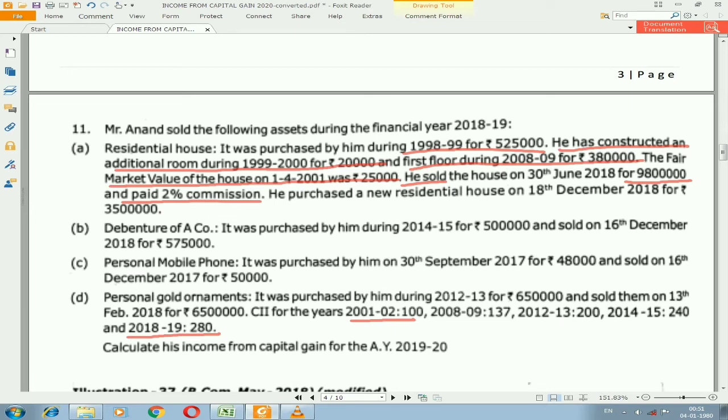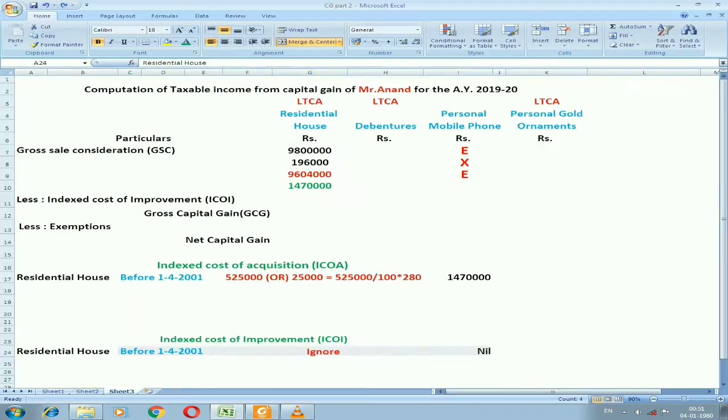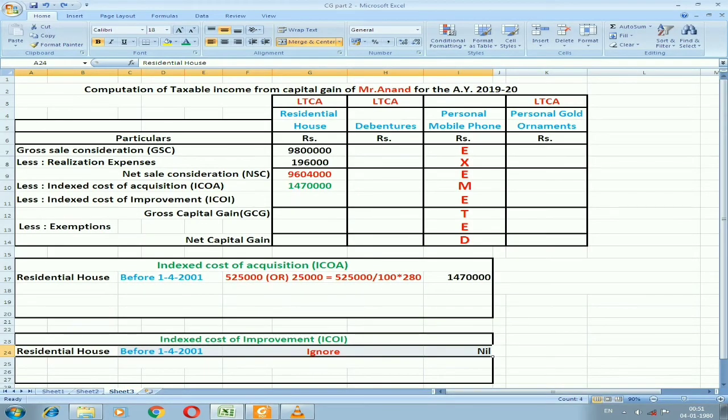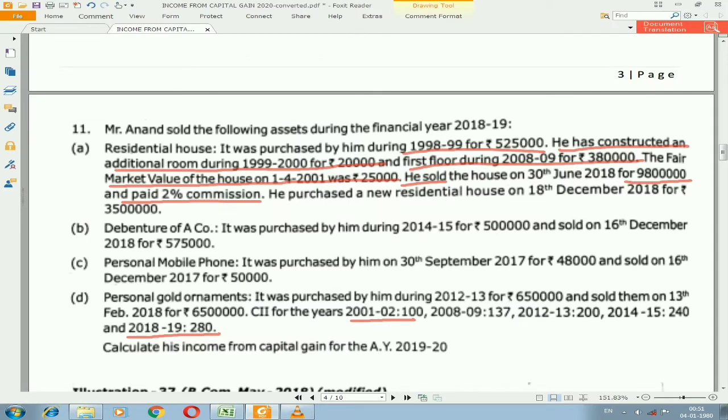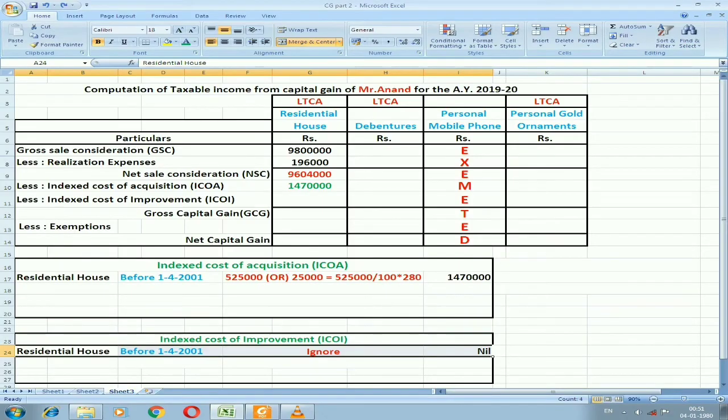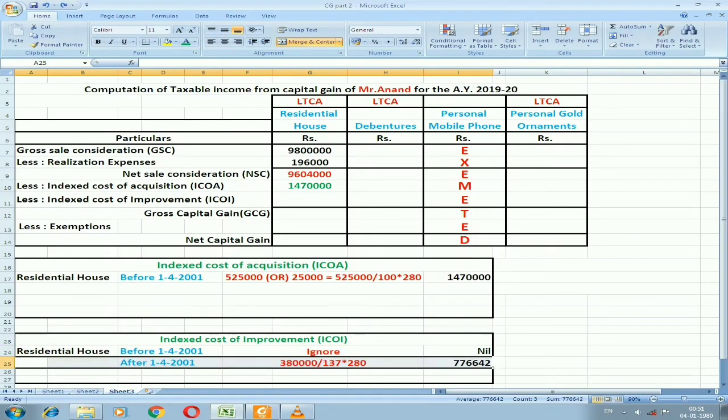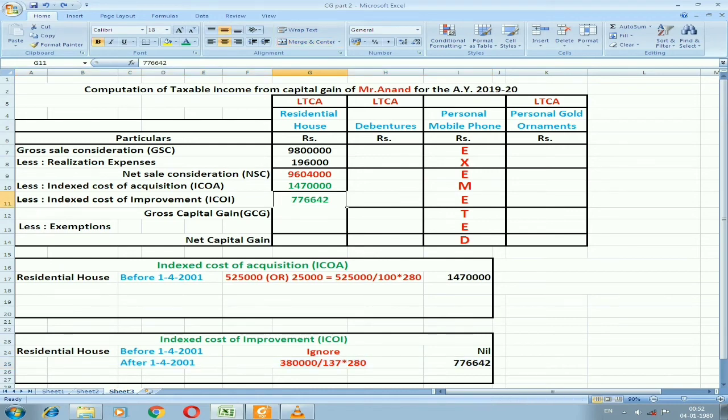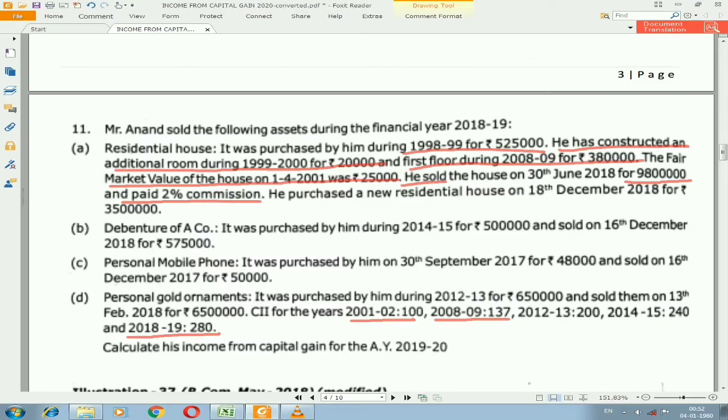That is after 1/4/2001, so we can take it. For 2008-9 we also have the index number, 137. So 3,80,000 divided by 137 into 280, you'll get 7,76,642. After deducting those two, you'll get 73,57,358.